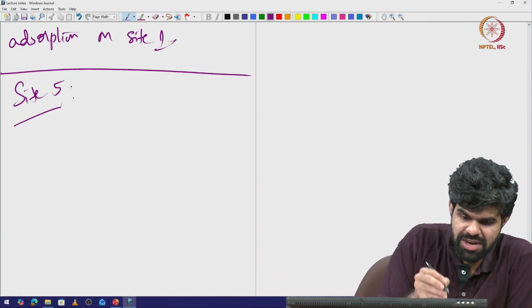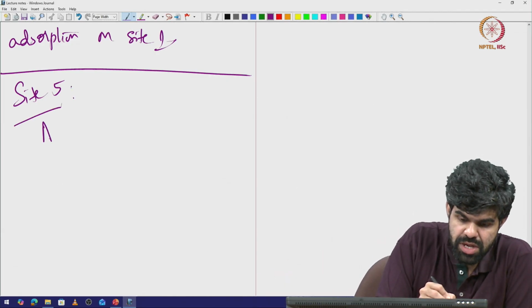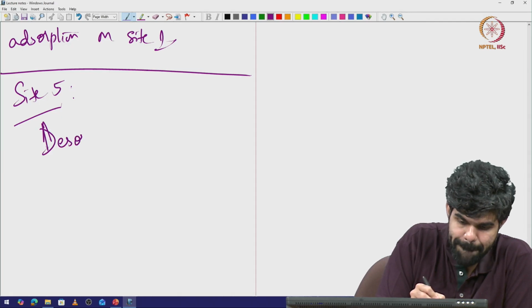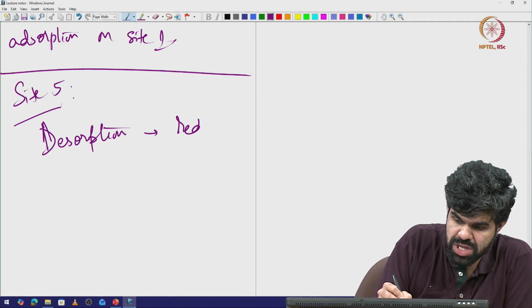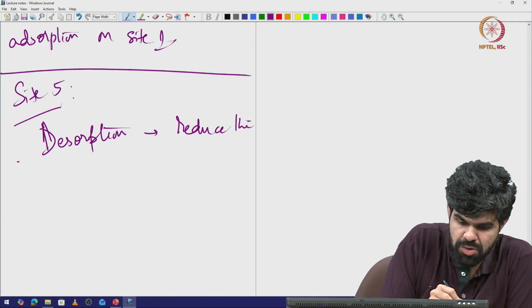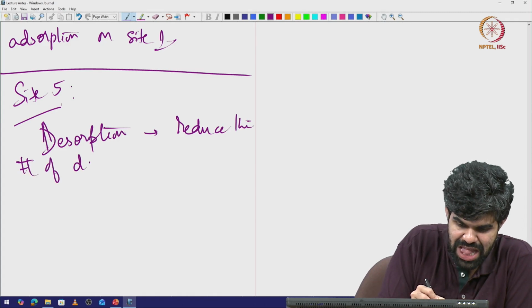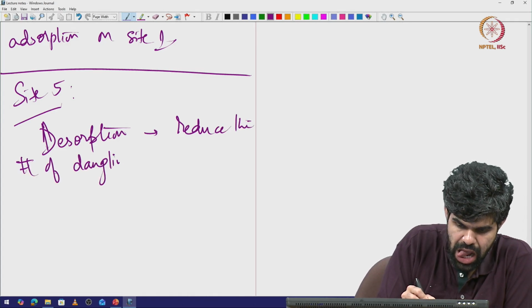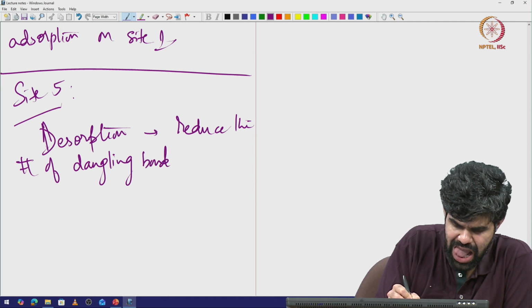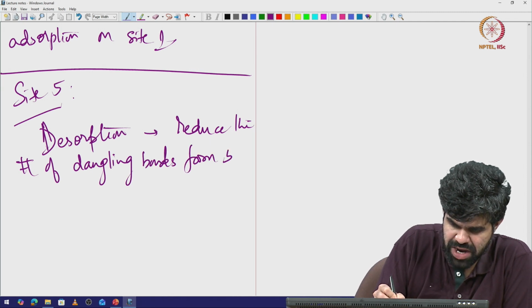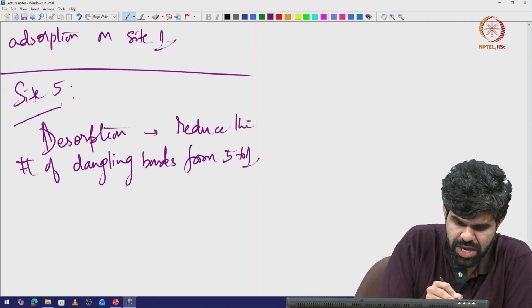So, let us say for site 5, desorption is going to reduce the number of dangling bonds from 5 to 1.